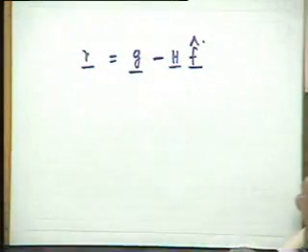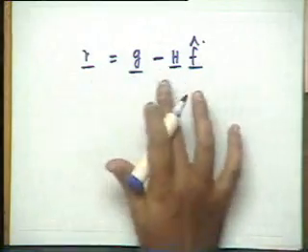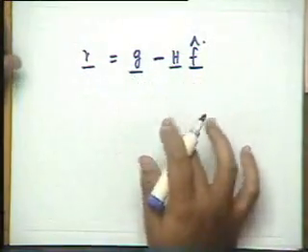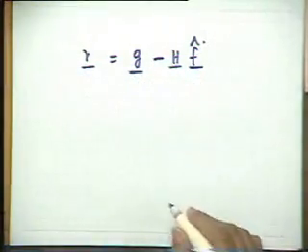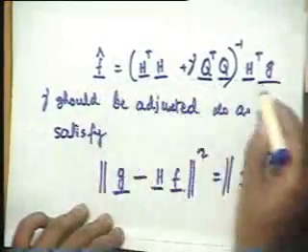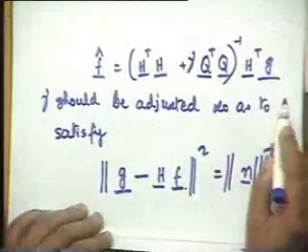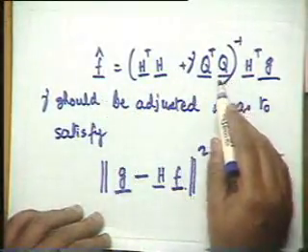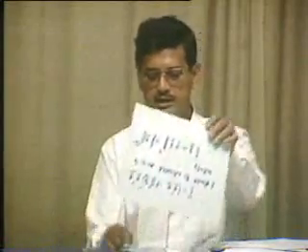Now if we have r equal to g minus h f hat, then substitute this value of f hat, which is what we had got earlier. Only thing is, in this particular case, instead of putting q, we will be putting c. So just substitute this f hat in this expression to get the residual vector.